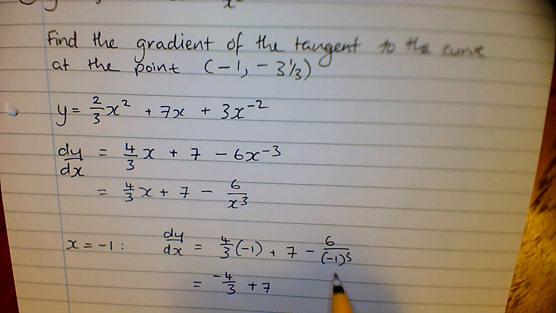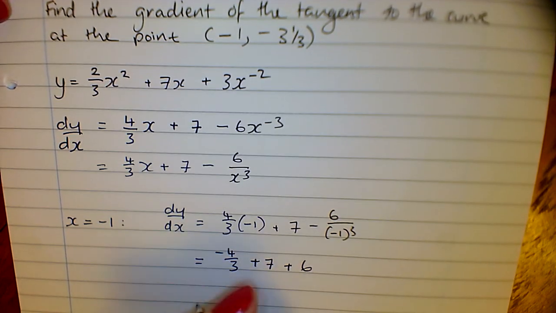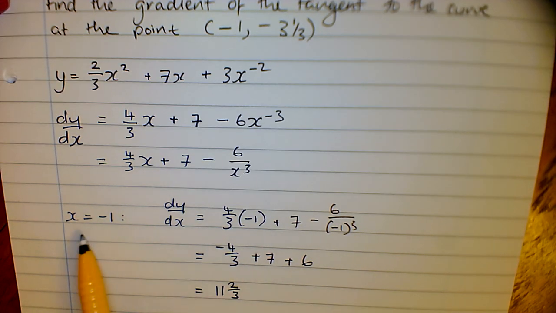Now minus 1 cubed would give us minus 1, so we'd have minus 6 over minus 1. So that gives you plus 6. And when you work that out, it's 11 2/3. So the gradient of the tangent when x is minus 1 is 11 2/3.